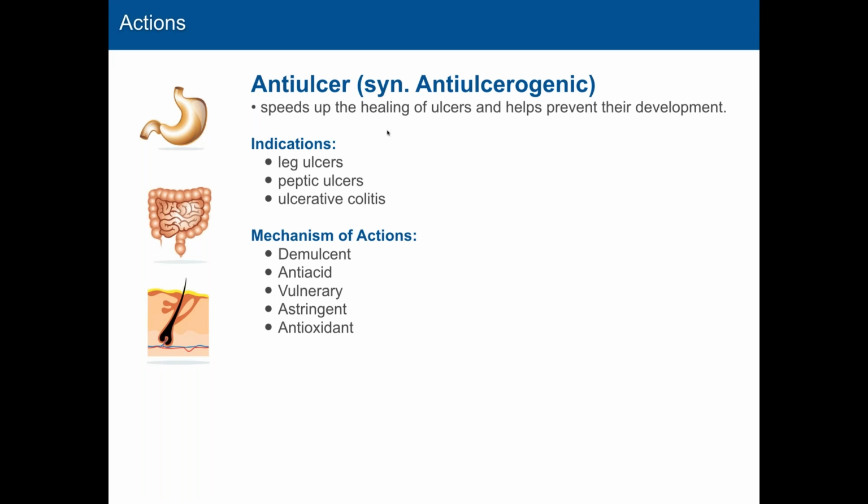So demulcents can have a positive effect by helping to coat the esophagus with mucus. You can help speed up the healing, suppress stomach acid, there's astringent. I'll get to these afterwards. So anti-ulcer or anti-ulcerogenic is an umbrella term for things that help prevent ulcer formation.